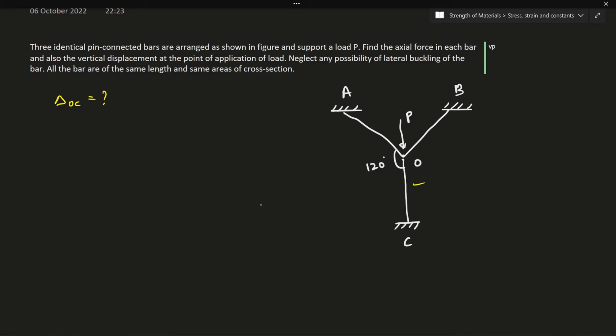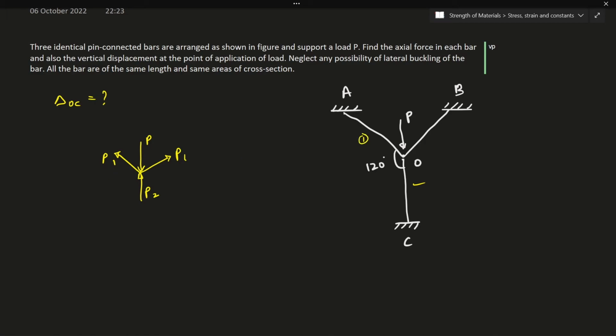Now again I'll write down a simplified version of all the loads taken here. At point O, I have load P, and also some reactions. The load taken up by OB, I'll call this P1, and the load acting upon member OC, I'll call this P2, and there is going to be another load, again P1.